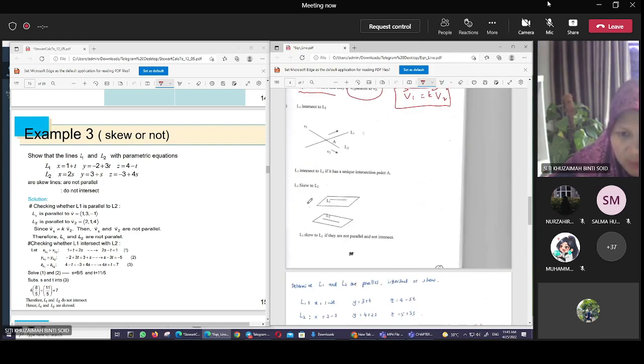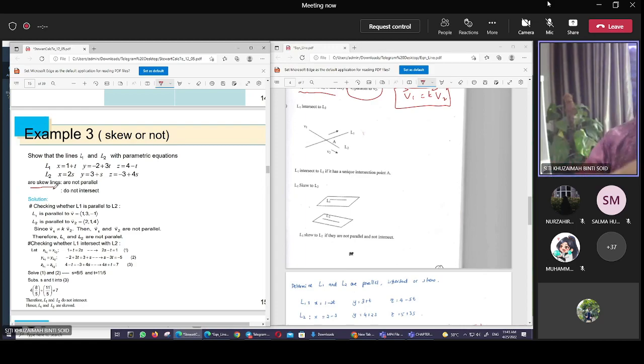Okay. And then lastly is L1 skew to L2. Then show that L1 and L2 are skew. Skew tu maksudnya dia tadi datang daripada intersect ni sebenarnya, tapi dia tak. It doesn't touch each line.